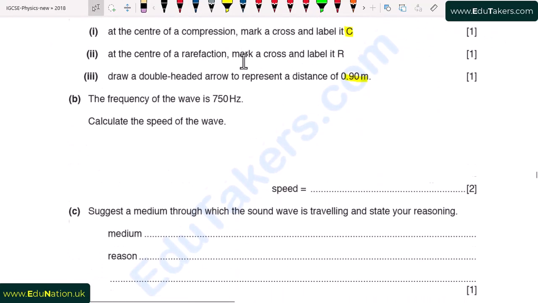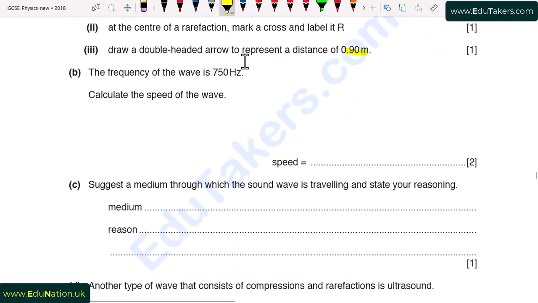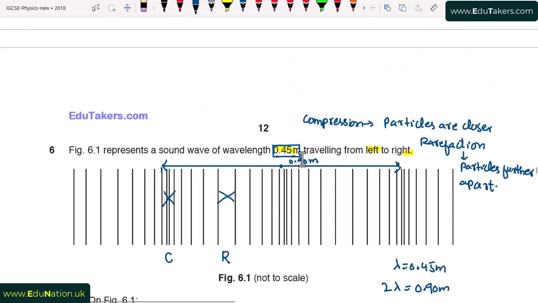Part B. The frequency of the wave is 750 Hz. Calculate the speed of the wave. Here we have to calculate speed, that is v. It is equal to f lambda, where f is frequency and lambda is wavelength. So v will be equal to, frequency is given, that is 750 Hz, multiplied by the wavelength, which is given in the question and it is 0.45 meter.